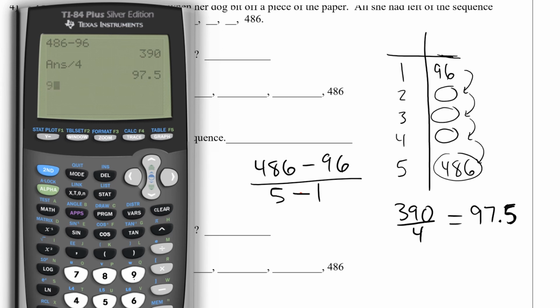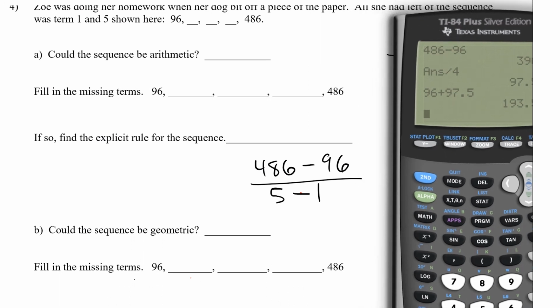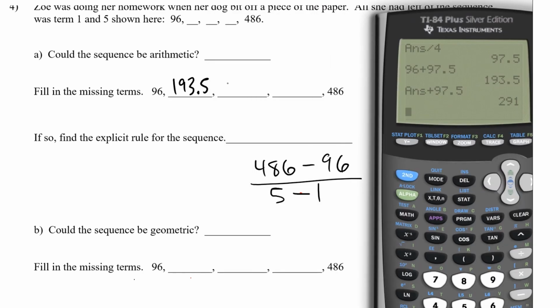So I want to check this, right? So I'm going to start with 96 plus 97.5. So basically that should be my 2nd term. So let's write that down. So 193.5. And then I'm going to add to that plus 97.5, and I get to 291, 291 plus 97.5.